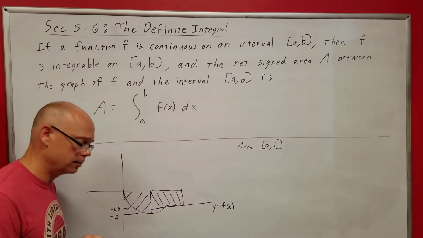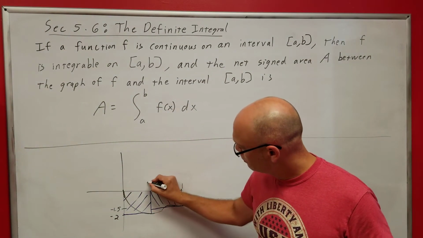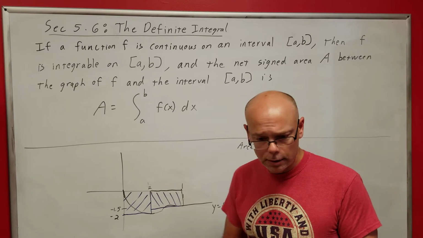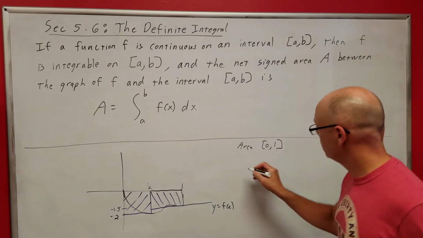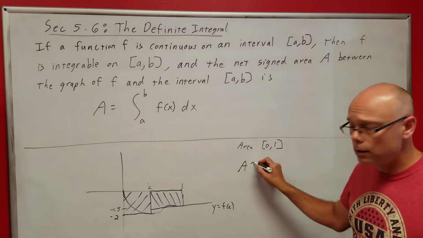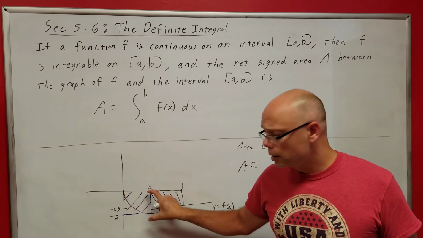Alright, so let's see. We had 1 on the x-axis here, so that would be 1/2, right? So if I want to estimate the area by using those two rectangles, I'm going to say area is width times height.